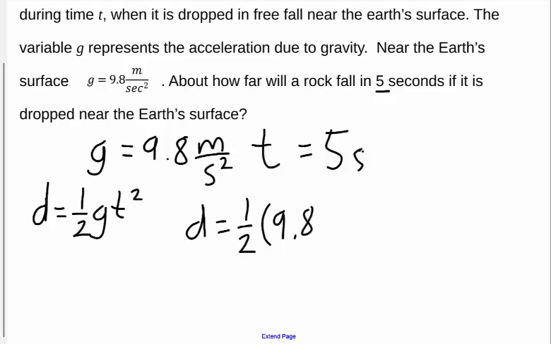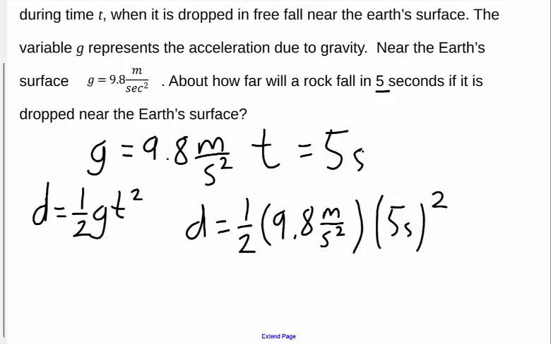And let's go ahead and put the units, meters per second squared, times 5 seconds squared. Okay, so according to our order of operations, we do this part first. We square 5 seconds.